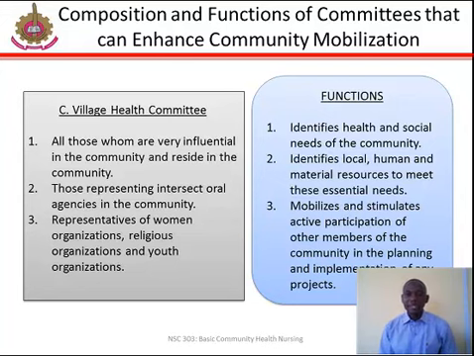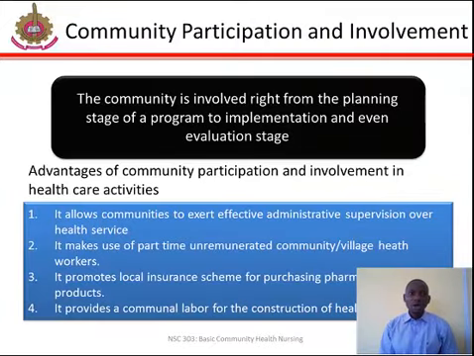Their major function is to identify health and social needs of the community, to identify local human and material resources to meet these essential needs, and to mobilize and stimulate active participation of other members of the community in the planning and implementation of any project.